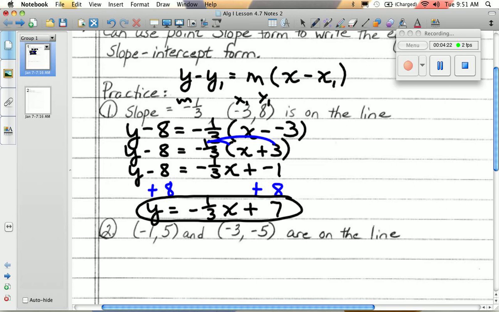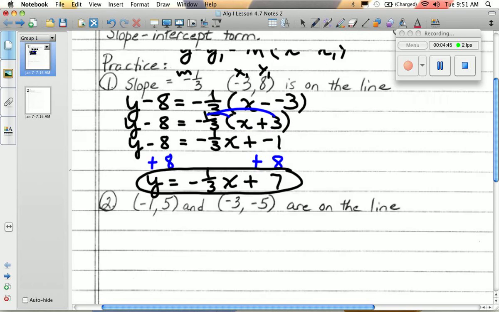Fall from left to right. How do we know that? The slope is negative. Where will it cross the y-axis? At positive 7. Okay, so we know some things about this line without graphing it. So any questions on what happened there, what we did and why we did it?